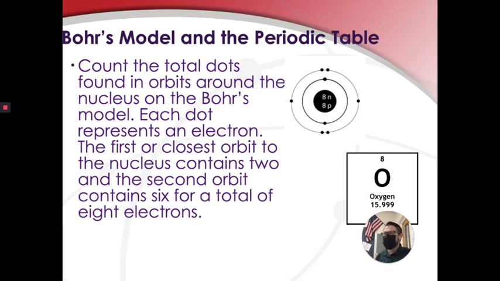Now when we look at the Bohr model and the rings that are going around it, we have accounted for the protons and the neutrons, so those rings are going to account for the electrons. Something that Bohr figured out, and other scientists also contributed to this idea, is that even though the electrons are zooming around in kind of random patterns, they do have a tendency to try to get as close to the nucleus as they can.